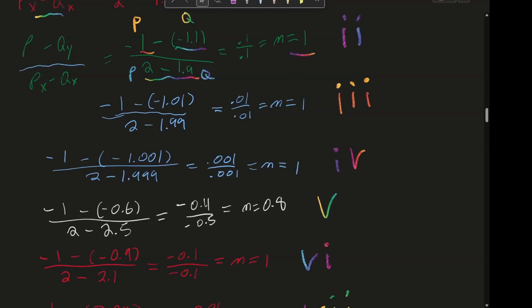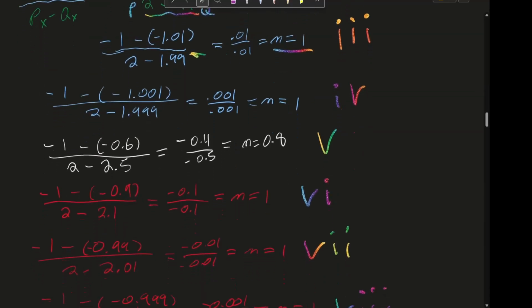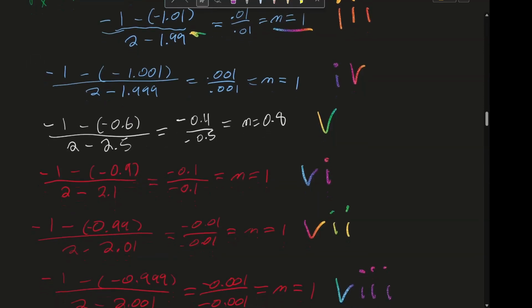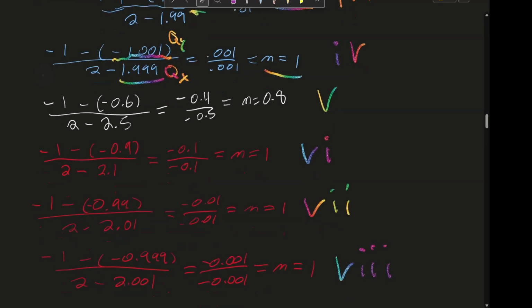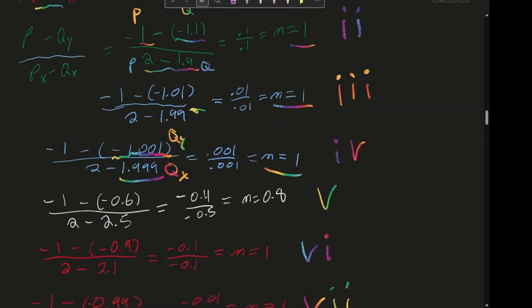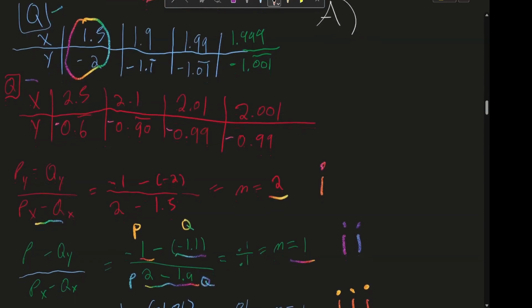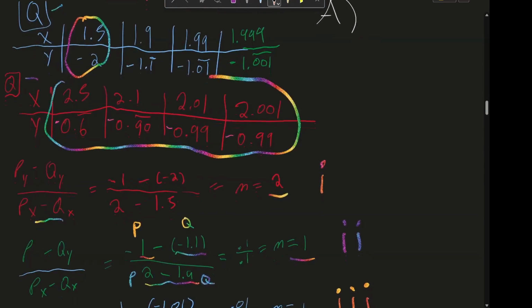And for part 3, your ordered pair slightly changes right here, but you are also given a slope of 1. Part 4, again, your Q y and Q x values change, but your slope is still 1. And for parts 5 through 8, you're using these ordered pairs here.